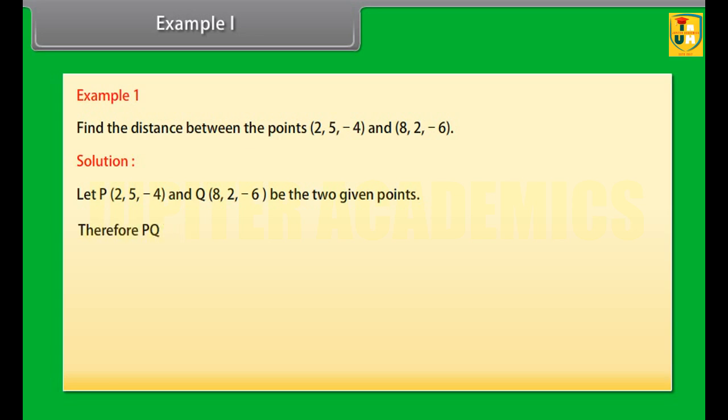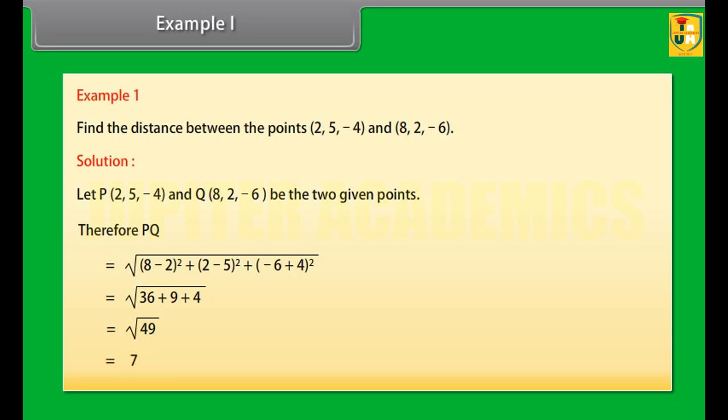Therefore, PQ is equal to the square root of (8 minus 2) square plus (2 minus 5) square plus (-6 plus 4) square, which is equal to the square root of 36 plus 9 plus 4, which is the square root of 49, which is equal to 7.